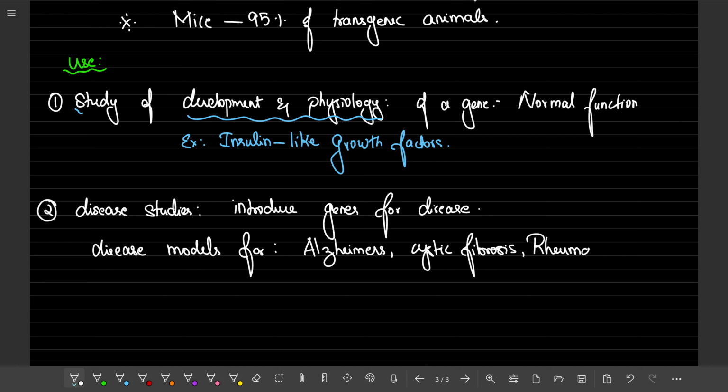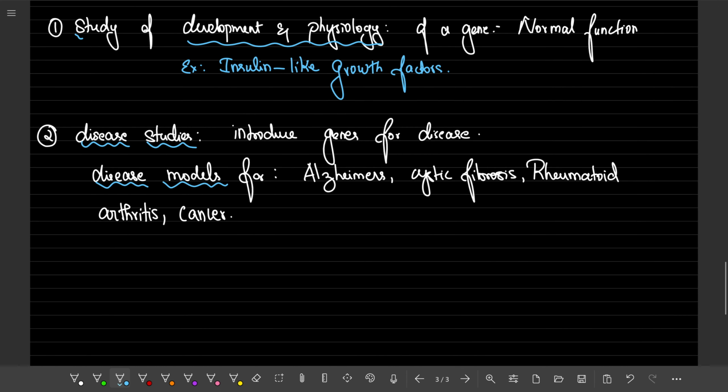Alzheimer's, cystic fibrosis, rheumatoid arthritis. One more is given. What is it? Cancer, I guess. We have disease models available for these diseases. Now, what exactly do we mean by that? Disease models? We have introduced these diseases in mouse and we are studying how they are responding to certain medications.